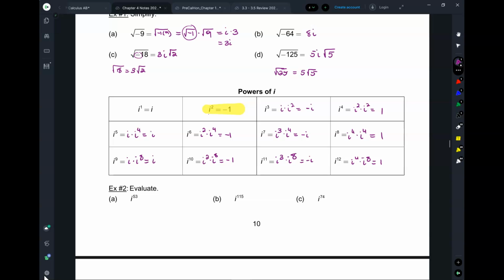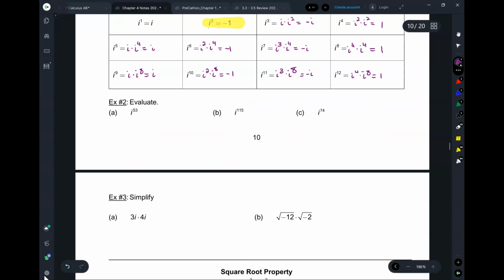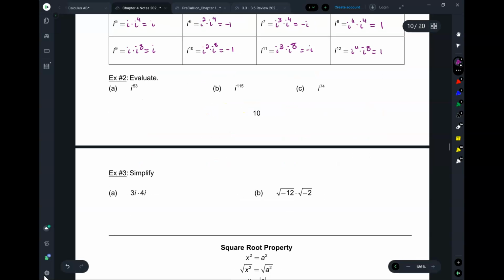So here's what you do. When you have I to the 53, nobody has time for this. So we take the 53 and you have to divide it by 4. But you don't divide it like that by 4.